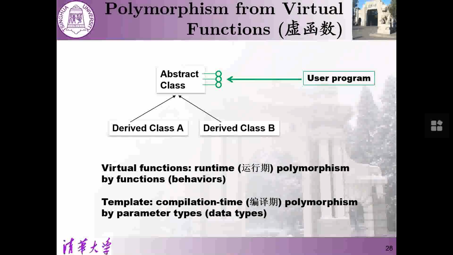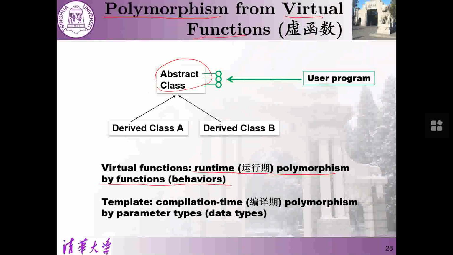And we have learned this word polymorphism. We know that the polymorphism, the idea from inheritance and virtual functions, is like this, right? The user sees an abstract class, and then during runtime, polymorphism works by function behaviors.